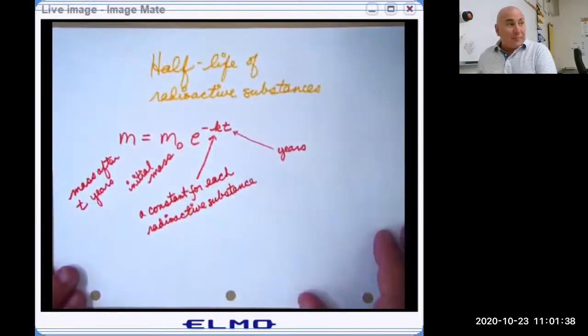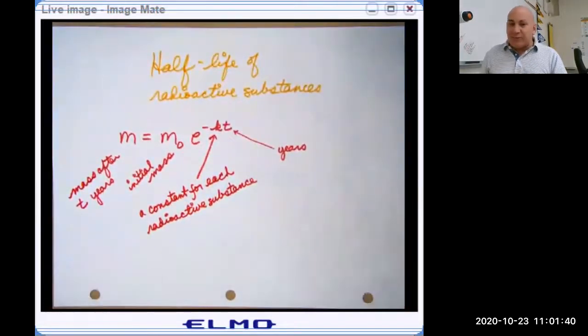Okay, so that's exponential growth. Exponential decay. Radioactive substances. You may have learned in physics that substances that are radioactive, like uranium, are constantly throwing off electrons, and they actually change into other metals. So some materials have a half-life measured in seconds, some have a half-life measured in thousands of years.